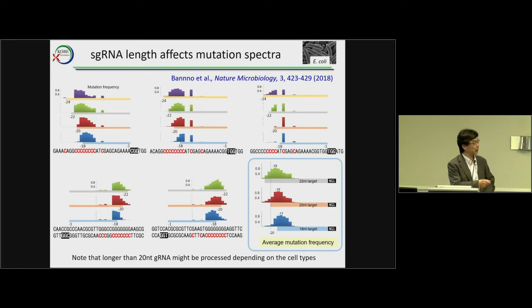Probably you can imagine that if you utilize a longer guide RNA, the R loop created by the guide RNA is bigger. So in a sense, we can edit a wider region of your target area. This is different target, but all have many C in the targeted area. So like this, a longer guide RNA creates a wider range of mutations. So we can control this kind of mutation spectra by designing your systems.